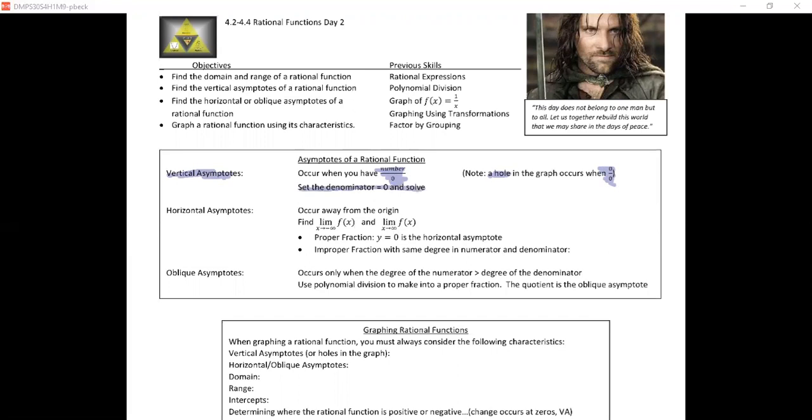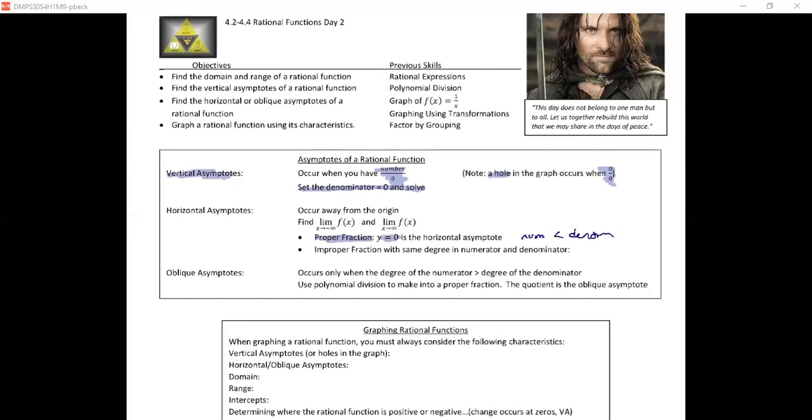Then when it comes to horizontal asymptotes, we have two different types of horizontal asymptotes we're going to be looking at. The first stems from a proper fraction. The proper fraction is when the numerator has a smaller degree than the denominator. So y equals 0 ends up being that horizontal asymptote.